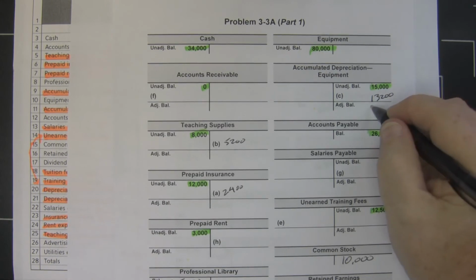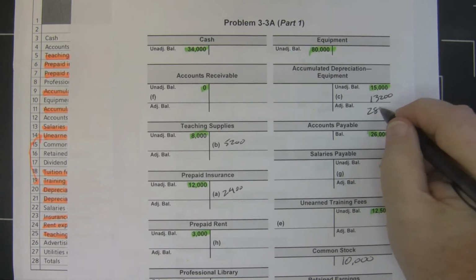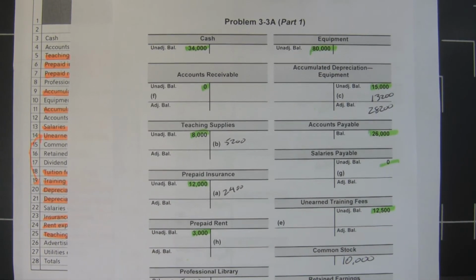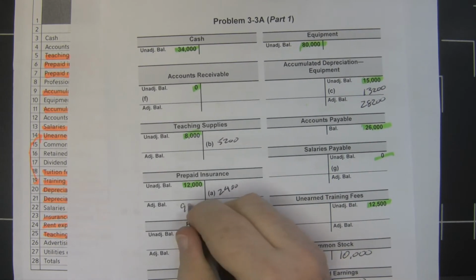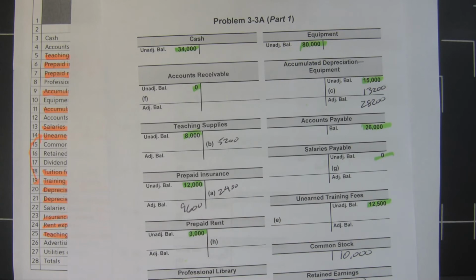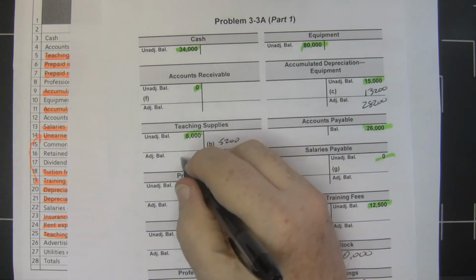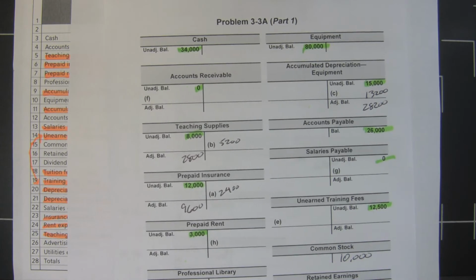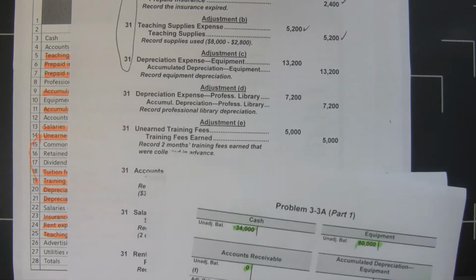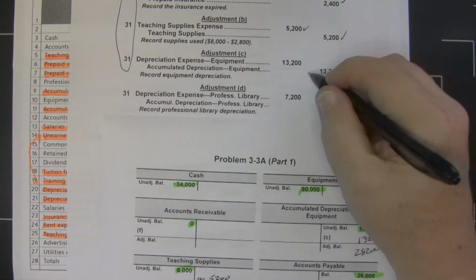And while I'm here, I'm just going to update them as we go along. Okay. I think I got them all now. Okay, let's see what my next entry is. I got this one.